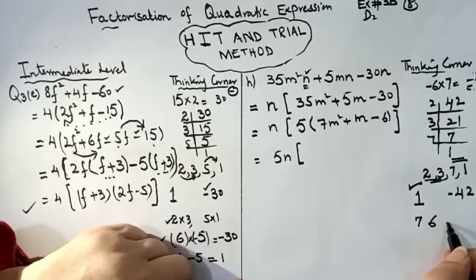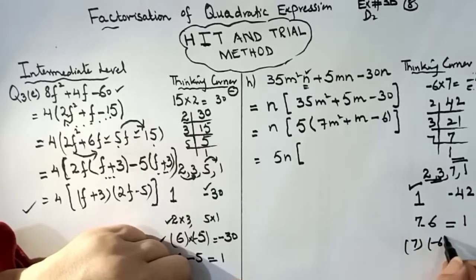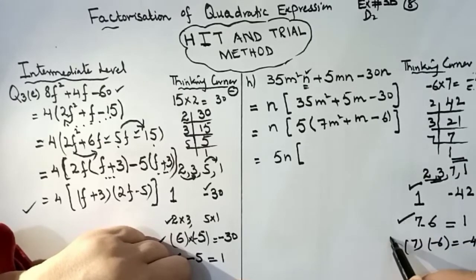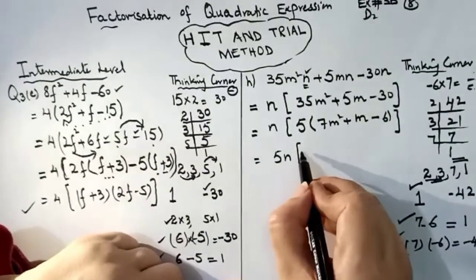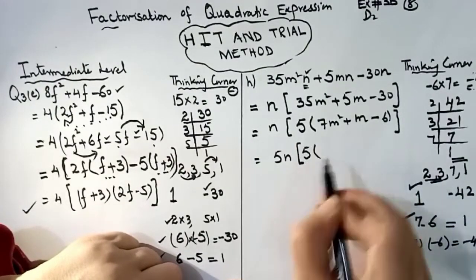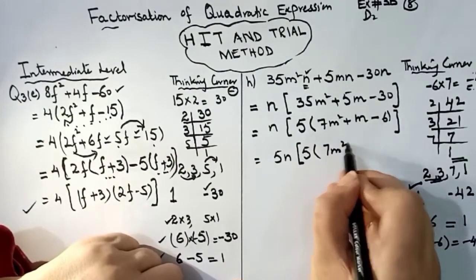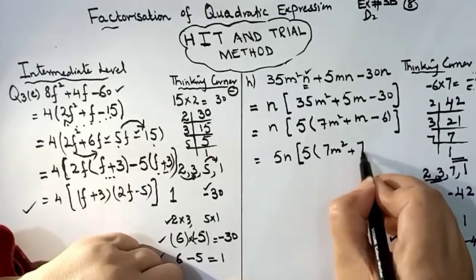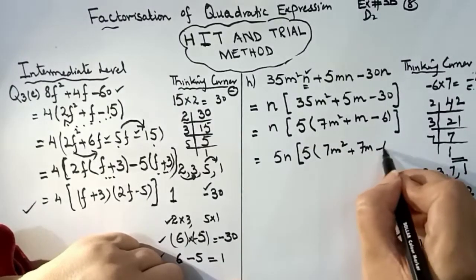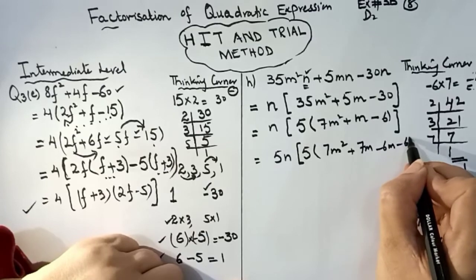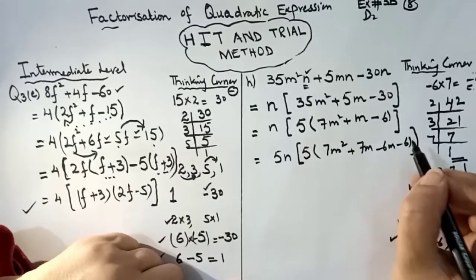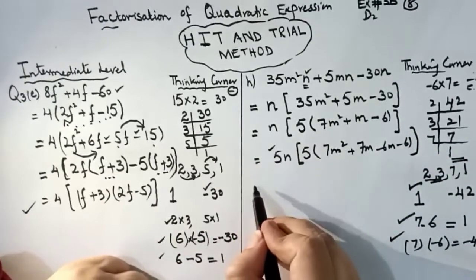Yes, 7 minus 6 can give me positive 1, and 7 multiplied by minus 6 can give me minus 42. So this is the suitable choice. So I have to write the breakup of my middle term: 7m square plus 7m minus 6m minus 6. Now my expression has divided into 4 terms.